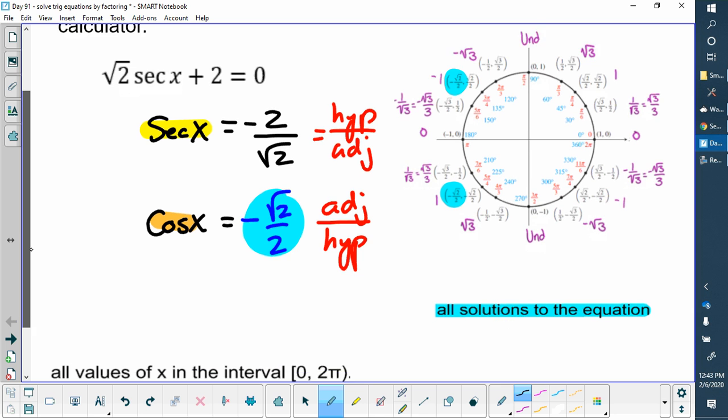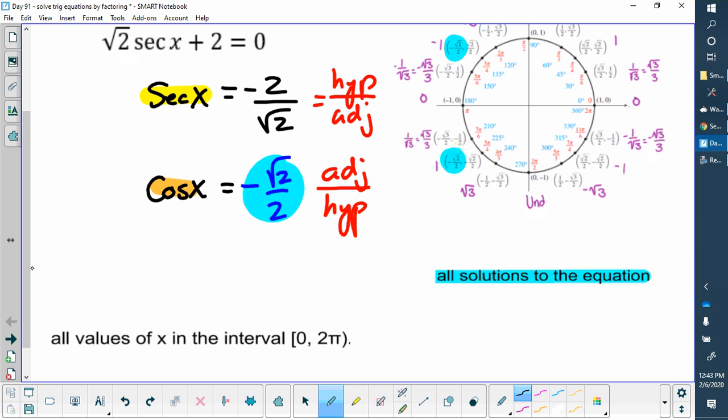The angles that would create negative square root of 2 over 2 would be right here at 3 pi over 4 and right here at 5 pi over 4. So my answers are 3 pi over 4 and 5 pi over 4.